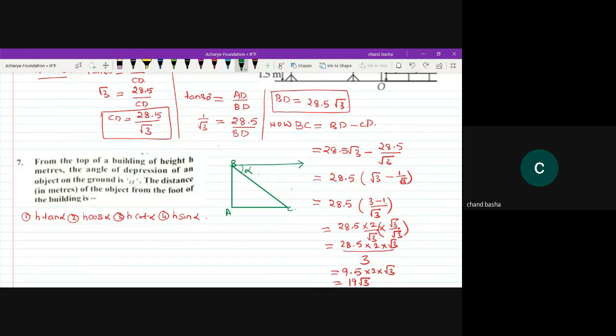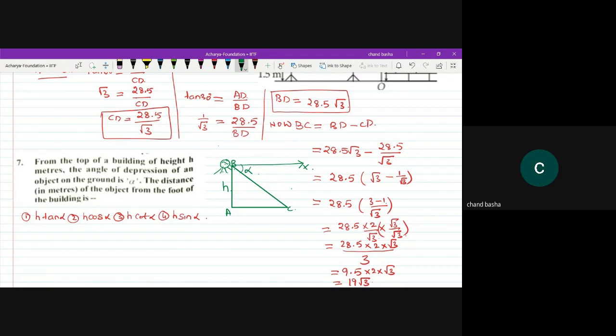I am taking the horizontal line, which is the x-axis. The point where the object is, that is the point C. You are observing the point C and we are standing here. The position of the observer is B, and we are observing the point C. Clearly he has given, from the top of the building of height h, the angle of depression is alpha.